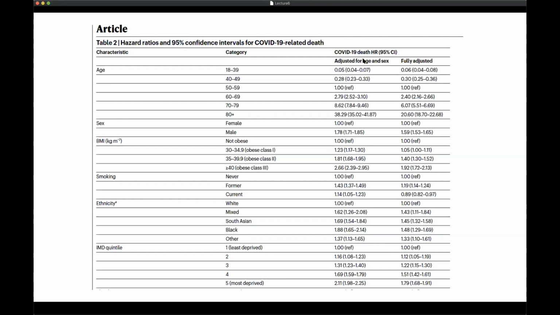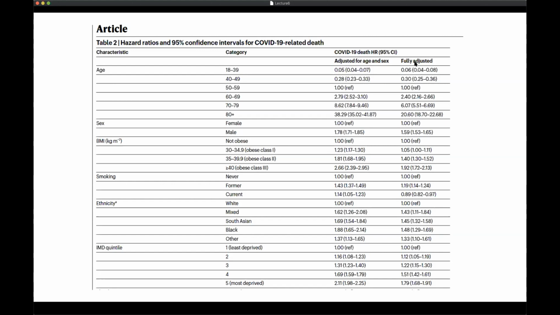And then it's adjusted for age and sex, which means that when you run this analysis, you also consider men and women separately. So this is not confounded with whether or not you're male or female. This is also a really nice gradient, and you can directly read this off. Your relative risk, or hazard ratio, if you're 80 plus, is over 40 times what it is if you're 50 to 59. And if you're 18 to 39, it's 1/20th of what it is if you're 50 to 59.